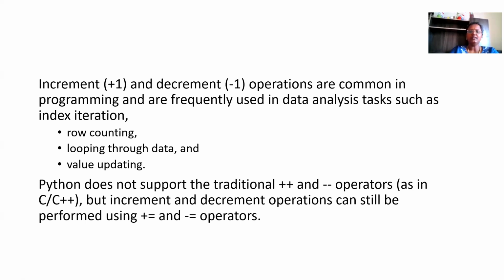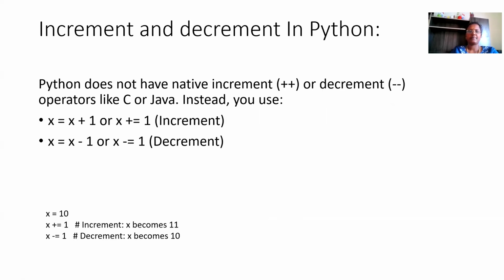An increment and decrement operation can still be performed using the plus equal and minus equal operators. So in Python, there is no native increment or decrement. Here you can perform the increment using x equal to x plus 1 or x plus equal to 1.